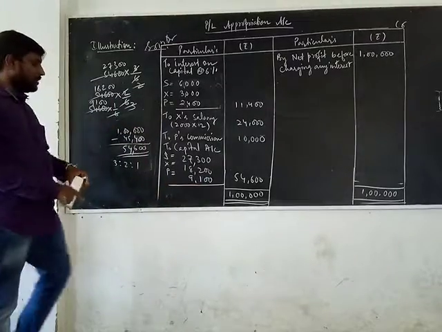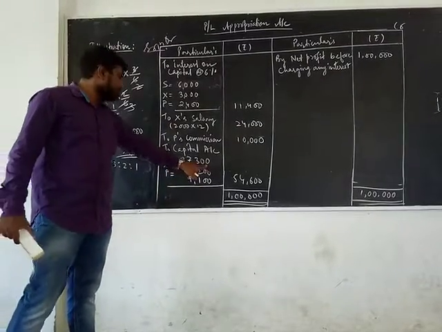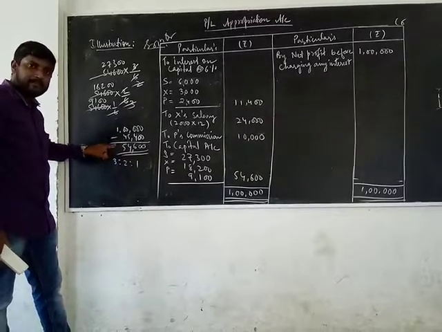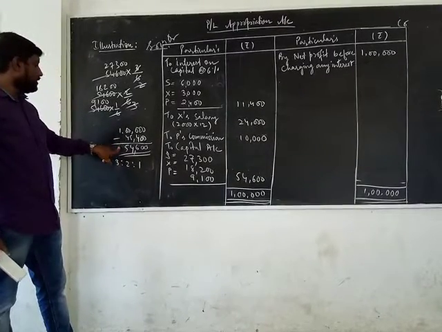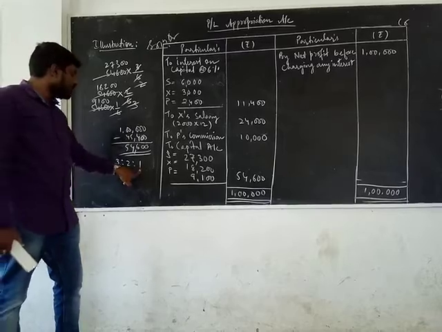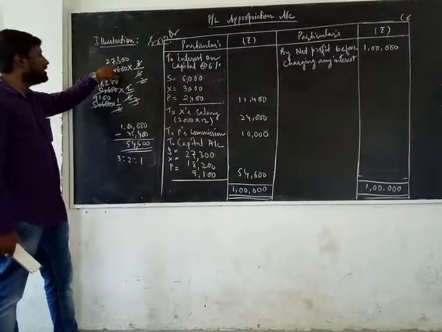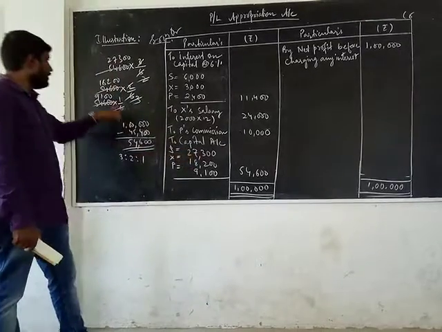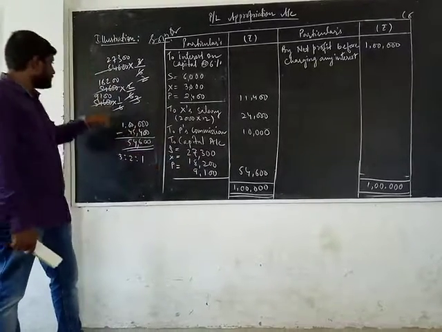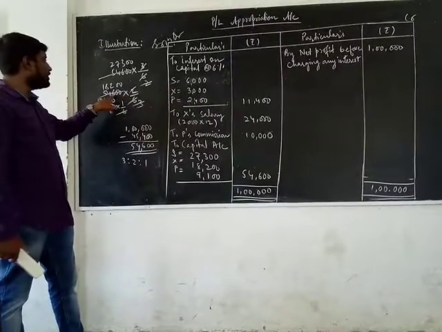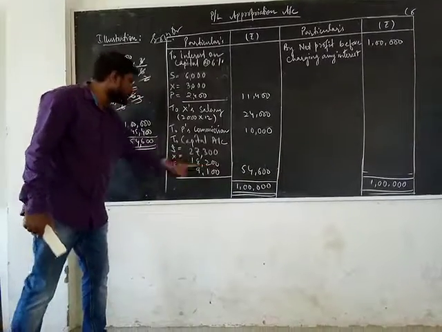Got the point? How did you get this 27,300? This balancing figure you have to distribute in the ratio of 3:2:1. So 3 by 6 of 54,600 gives 27,300. Then for X, his share was 2 out of 6, so 2 by 6 into 54,600 gives 18,200.